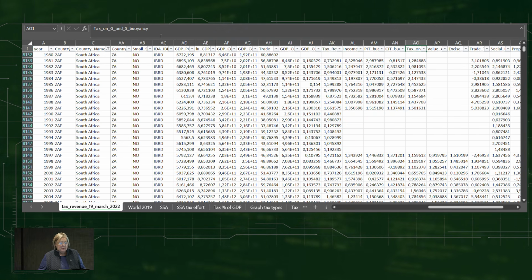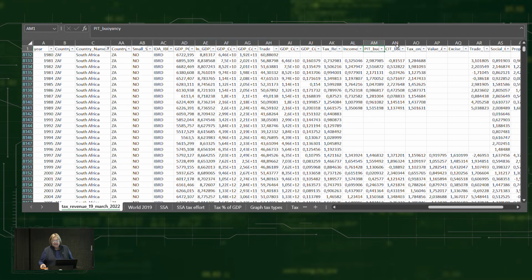So you can see they also calculate buoyancy ratios here. Why do you think they do buoyancy ratios? It's like a coefficient. If you use log and you do a regression on log values, that percentage coefficient that you get there is the elasticity ratio. Okay.